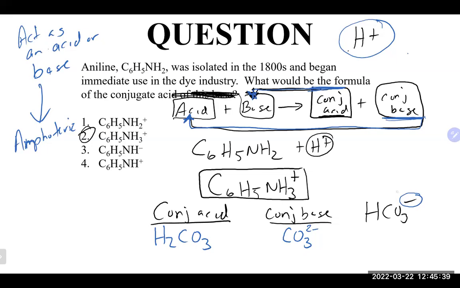And typically speaking, if you run across some guy like this, which has a hydrogen and a lot of times a negative charge, they do have the ability to really go both ways. They could act as an acid in certain situations, and as a base in other situations. Water actually is another example, as we will see, that could go both ways. It could act as an acid or a base. And those things are what are referred to as amphoteric substances. Any questions on that there?